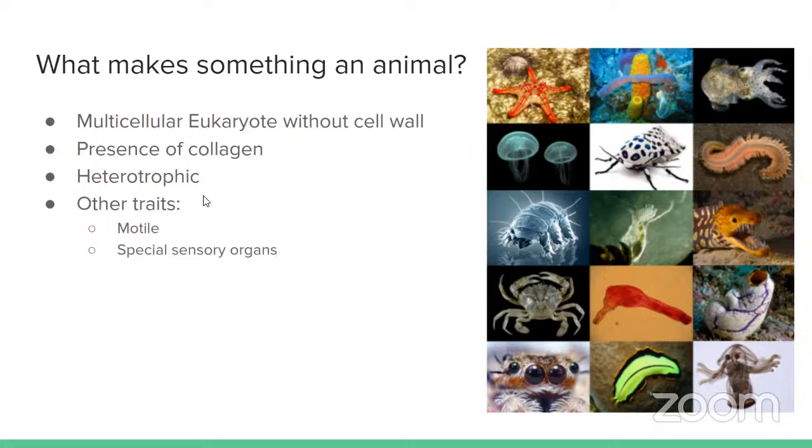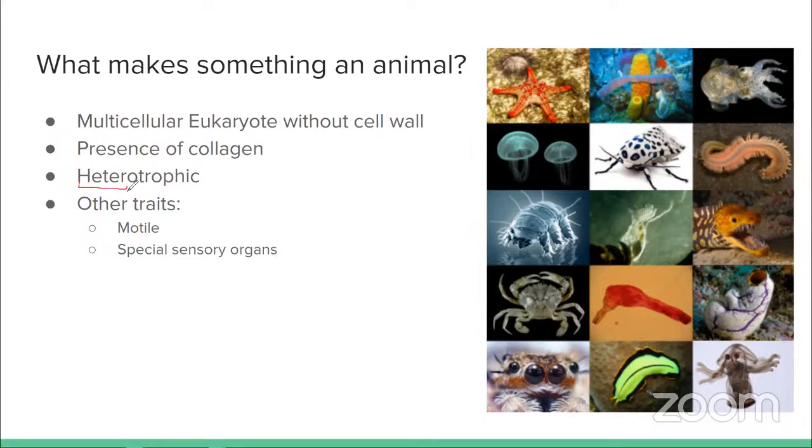Animals are heterotrophic. Hetero means different. Trophic, I forget what the root means, but basically it refers to eating and where they get their energy. So animals have to get energy by eating other things, because they can't photosynthesize; they don't make their own energy from sunlight.